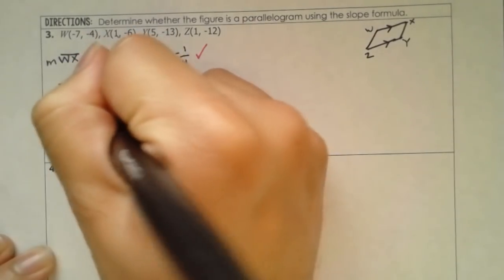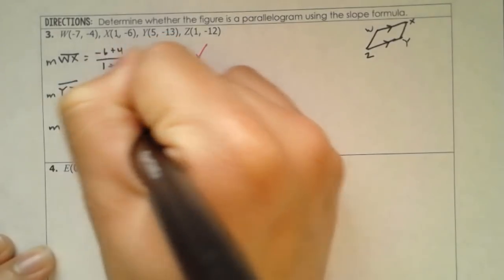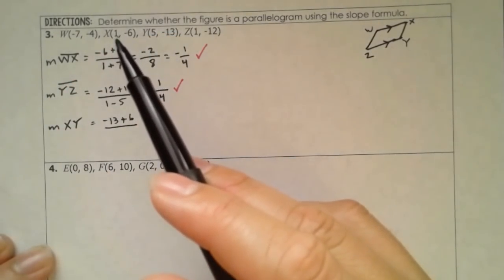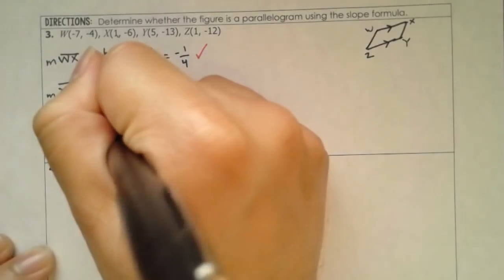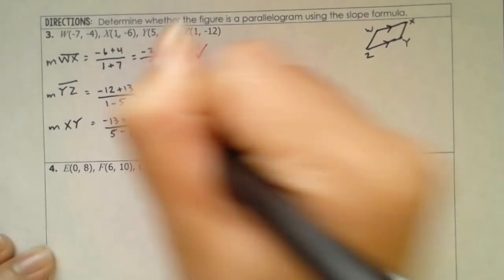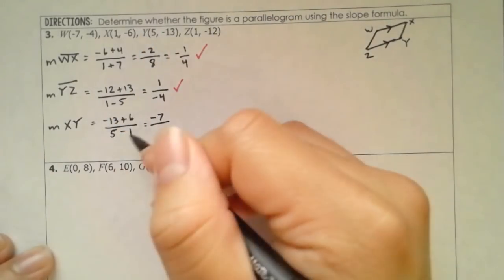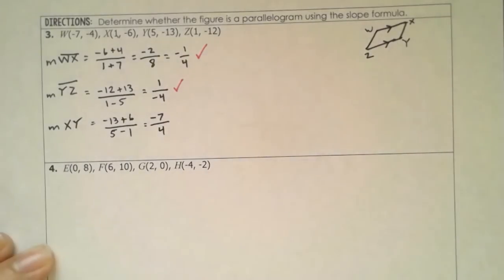So negative 13 plus 6, and then 5 minus 1. And then I get negative 13 plus 6, I get negative 7. 5 minus 1, I get 4. And I can't simplify that fraction further, so I leave it like that.